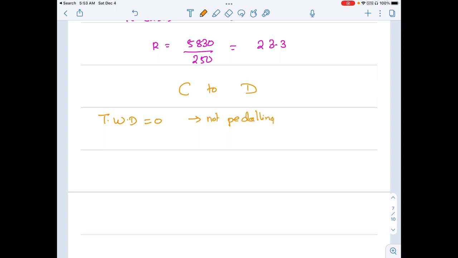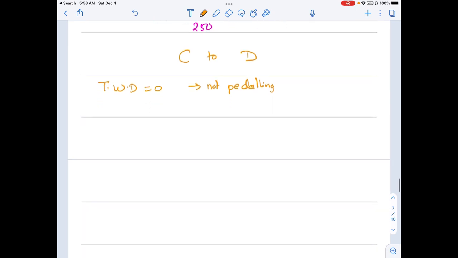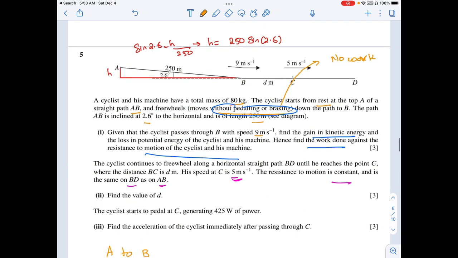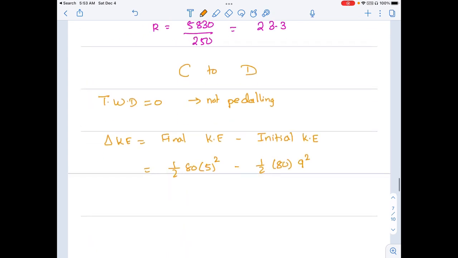So the total work done is 0. Now delta KE: every time use final kinetic energy minus initial kinetic energy. Final kinetic energy is half times 80 times 5 squared, as the final velocity at C was 5, minus initial kinetic energy, half times 80 times 9 squared, at B. So rather than C to D, what I am considering is B to C.